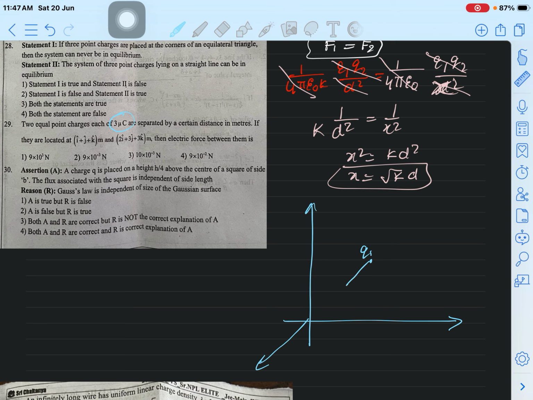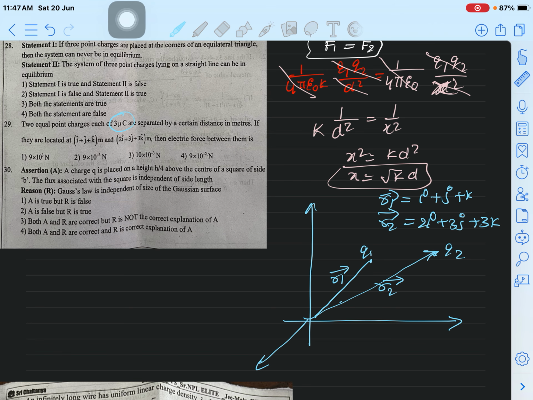That is q1, whose position is r1 bar, given as i + j + k. Now the position of the second charge is 2i + 3j + 3k. The second charge is somewhere there, that is q2, and its position vector is r2 bar.